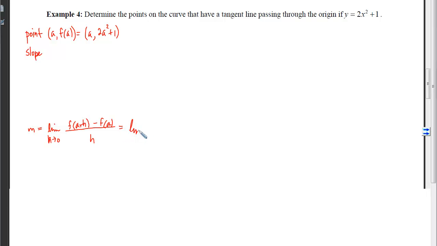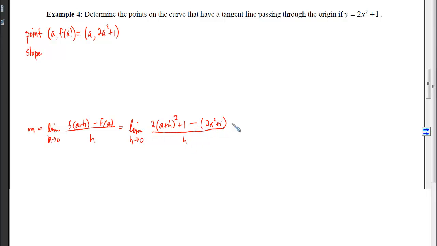So if I plug an a plus h into this function, the x gets replaced with an a plus h. And I'll square it, multiply it by 2, and add 1. Then I'm going to subtract what comes out of this function when I plug in an a. Well, that's 2a squared plus 1. Notice I put parentheses around that entire output because I need to subtract the whole thing.